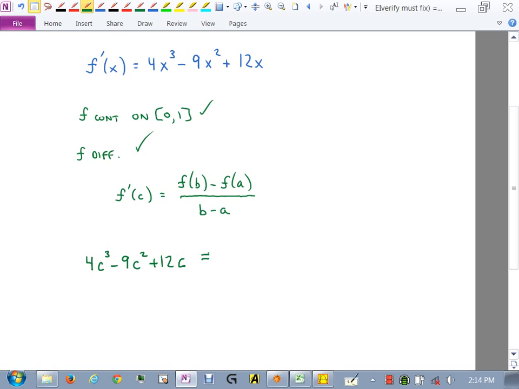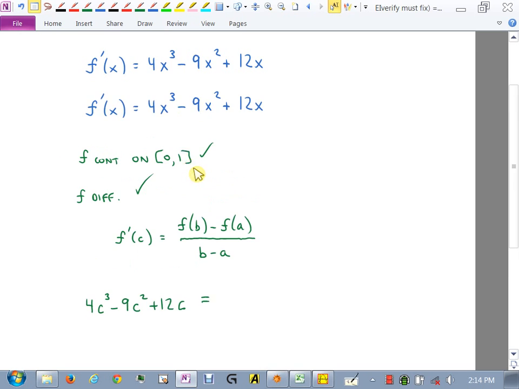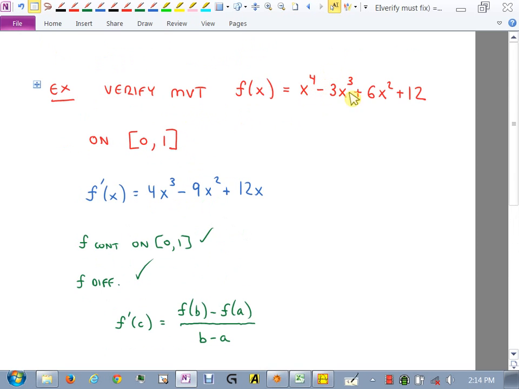That must equal, remember I said you're working left and right hand sides down together. Okay, what is f of b? Well, that's f of 1, isn't it? Not f prime of 1. F of 1. So what do you get when you plug 1 in here? 1, take away 3, add 6, add 12.